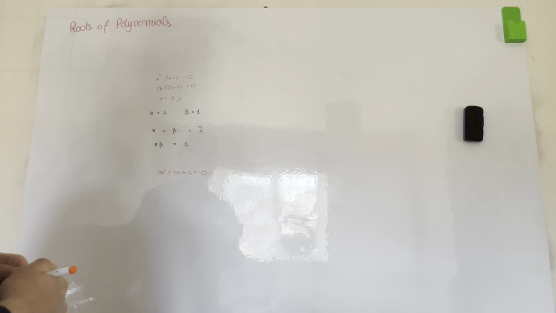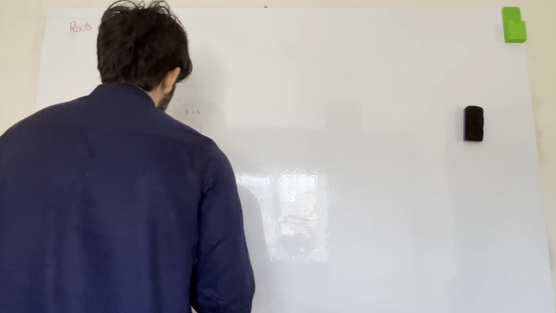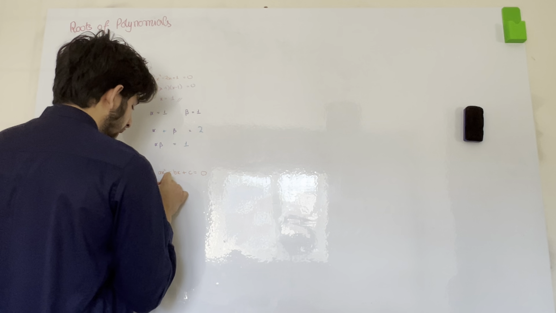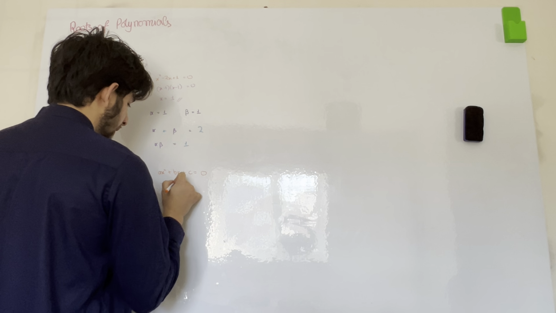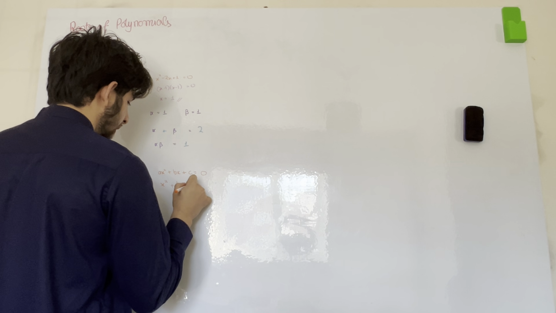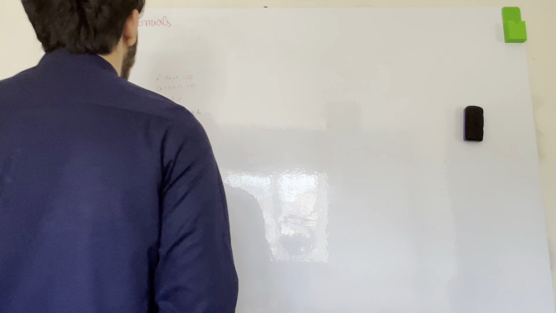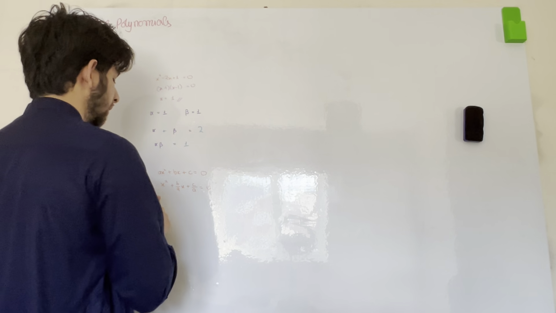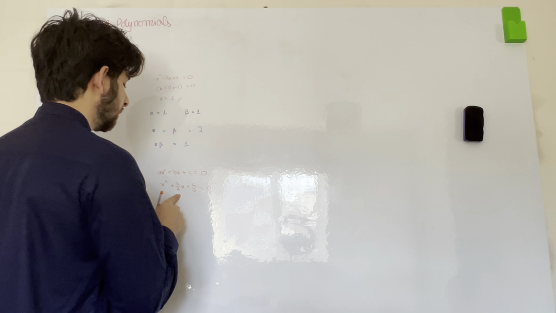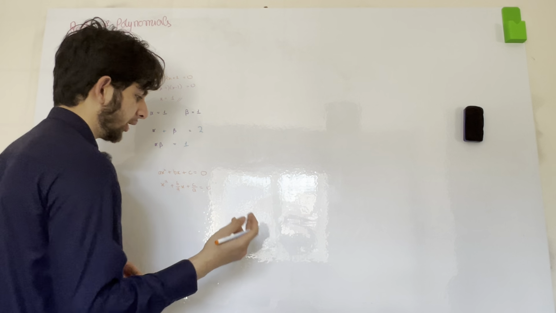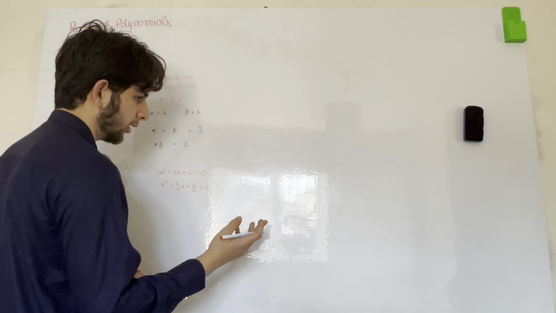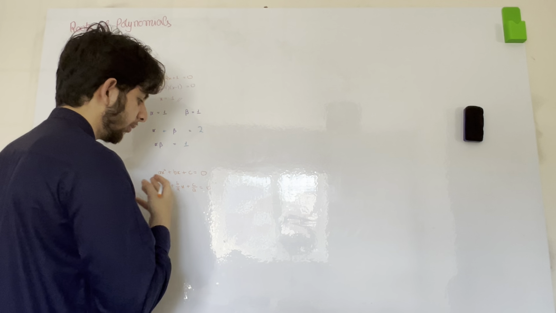Now if I were to divide everything by a, we get x squared plus b over a x plus c over a equals 0. Now we know that a is just 1 here, so b over a will be just the same as b. Same with c, dividing by a will just also be c, because a in this case is 1.